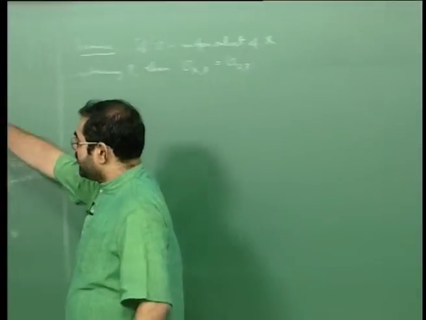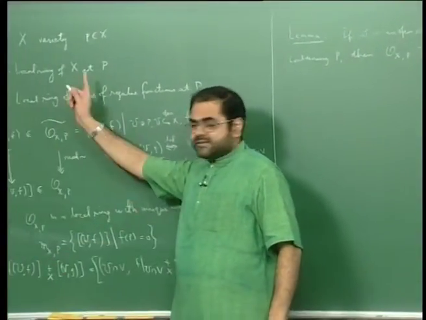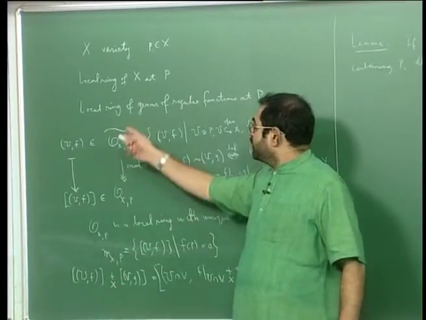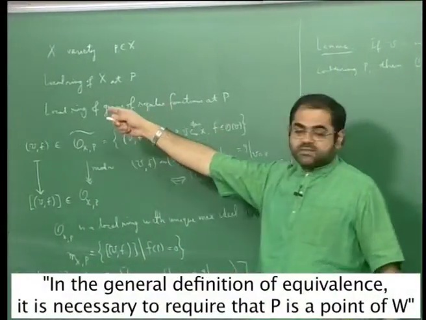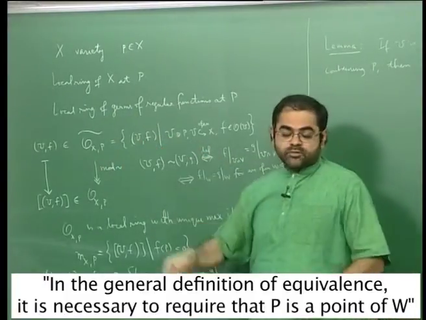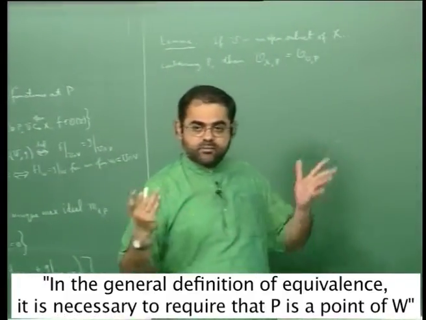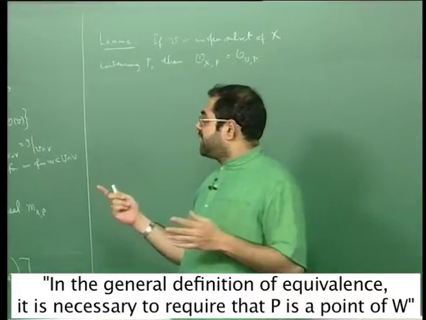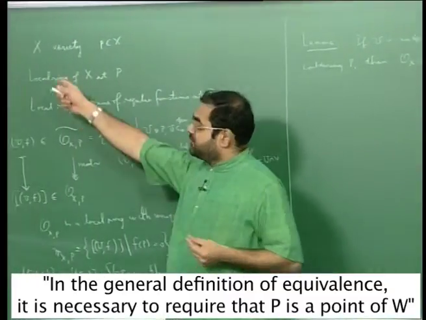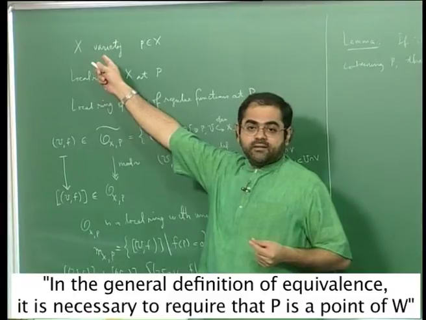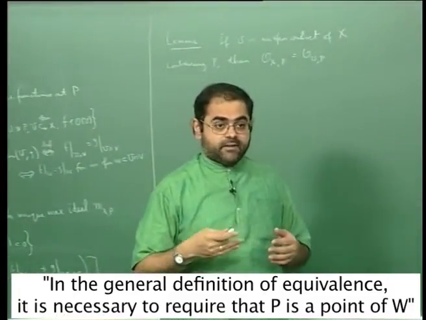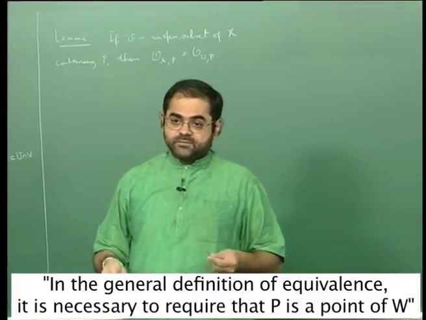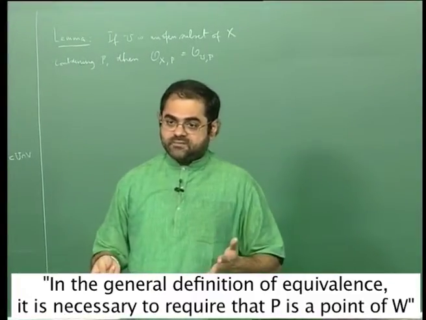This definition of local ring here is a very general process. You could do it in very general circumstances. You could take X to be a topological space, and for functions you could just take continuous real valued functions or continuous complex valued functions, or you could take X to be a manifold, say a domain in Euclidean space, and take functions to be many times differentiable or infinitely differentiable, namely C infinity functions.